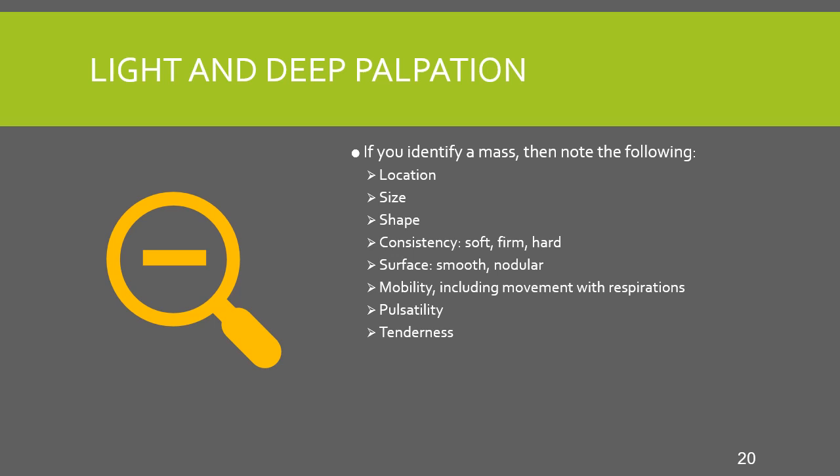Is it pulsatile, and is it tender to the patient? Keeping in mind that tenderness, even though it's a subjective finding, is very critical in the differentiation between a lymph node that's inflamed from illness versus a lymph node that's inflamed from disease like cancer.